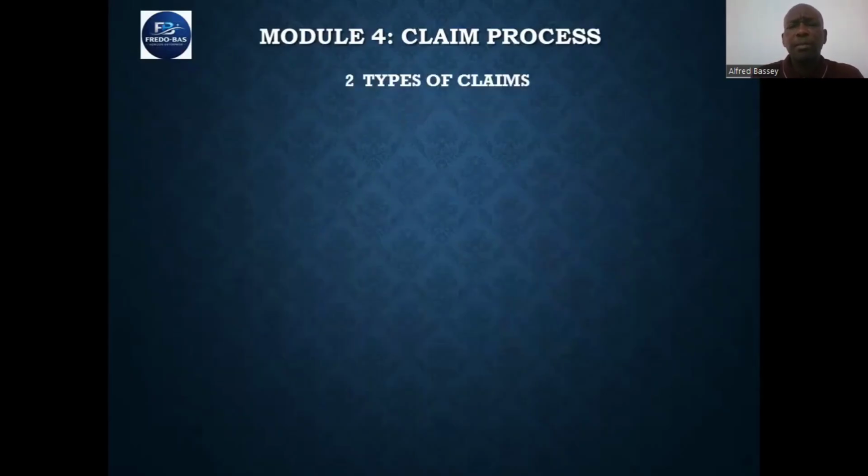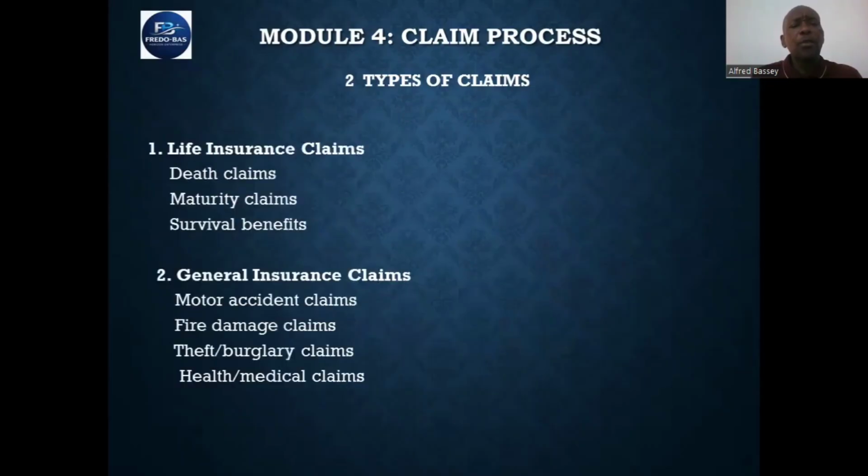So there are two types of claims I want us to know about, and they are as follows. One, we have life insurance claims, which cover death claims and maturity claims. Maturity claims is if, for example, you do a life insurance for 5 years, 10 years, 15 years. At the end of that duration, it is matured, so we call it a maturity claim.